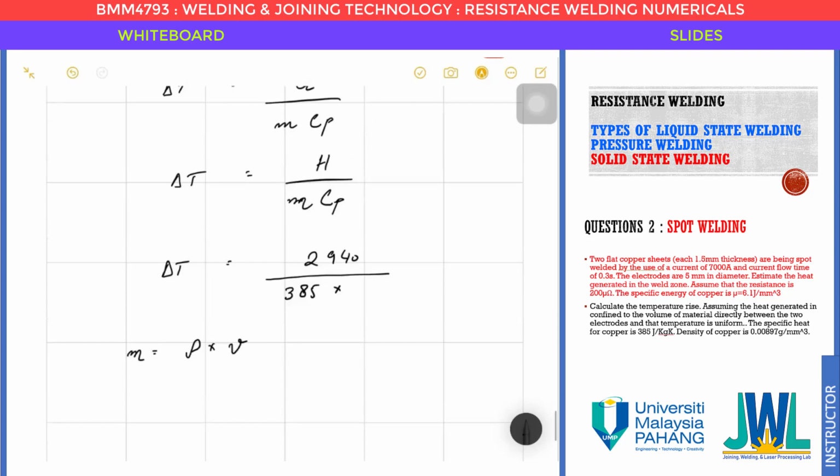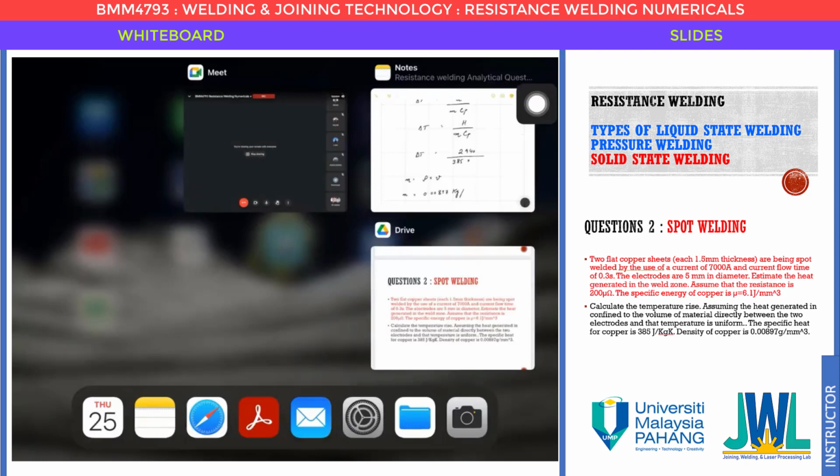The density given is 0.00897 kilogram per millimeter cube.